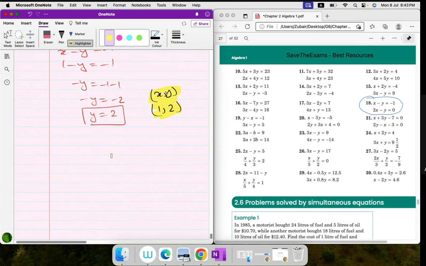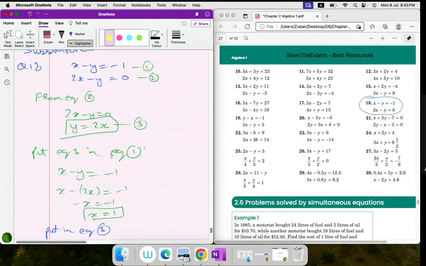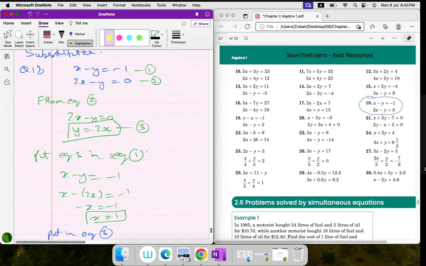Can you just show how you did the substitution one? I chose equation 2 to make y the subject. Yes. We have the same answer. Okay, sir.